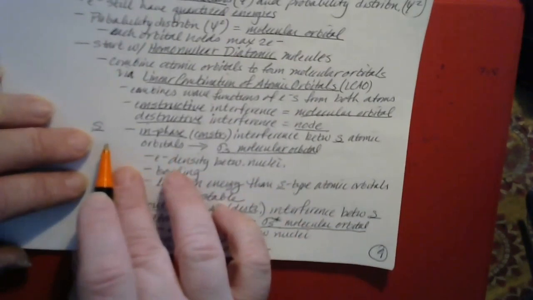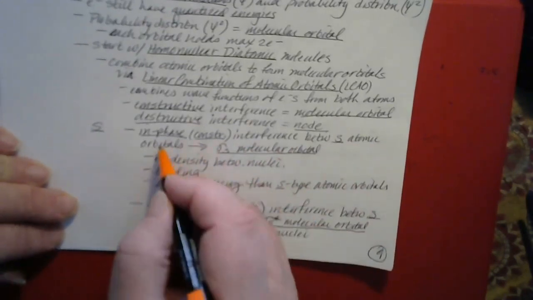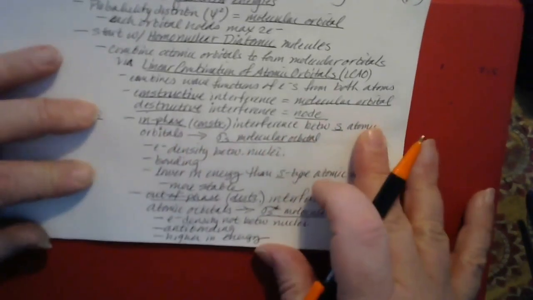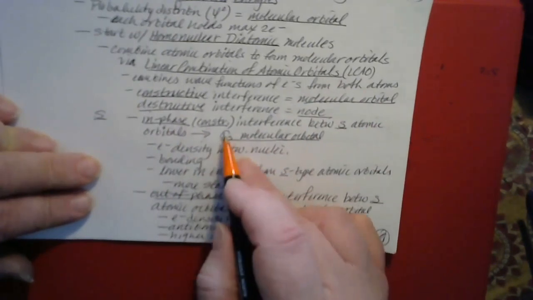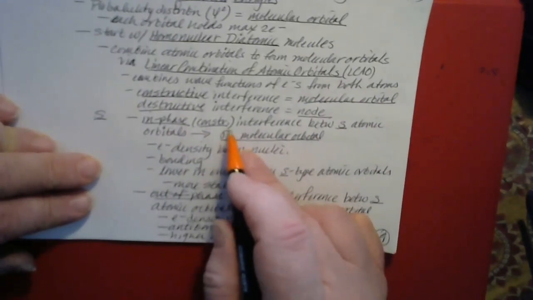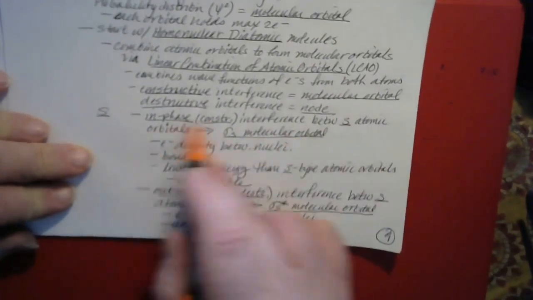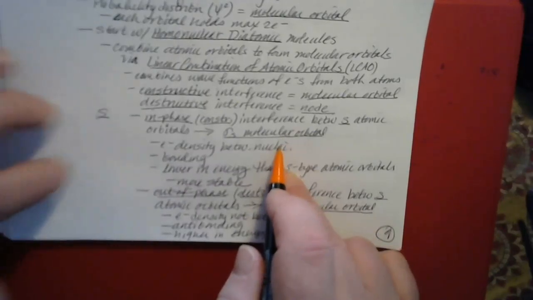All right, in the case of s orbitals, in-phase or constructive interference between s atomic orbitals leads to what we call a sigma s molecular orbital. That's fairly easy to remember because sigma, even though it looks kind of like a weird R, is the Greek equivalent of S. So the sigma s molecular orbital is formed by the in-phase interference between two s orbitals on two neighboring atoms.